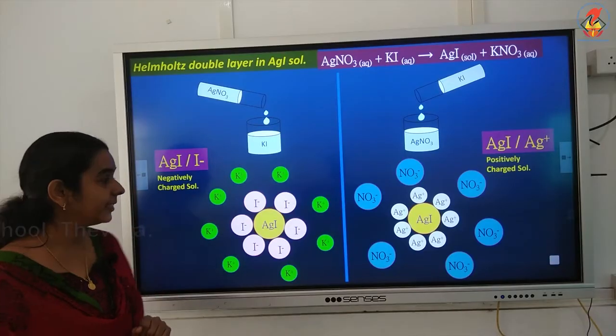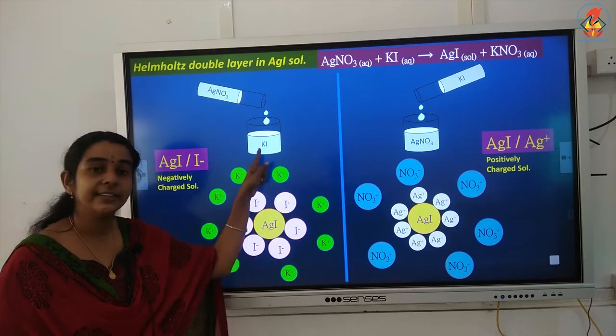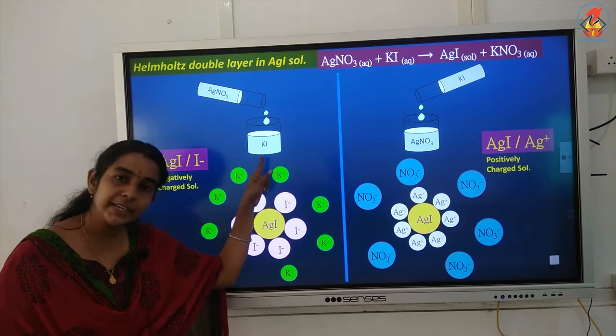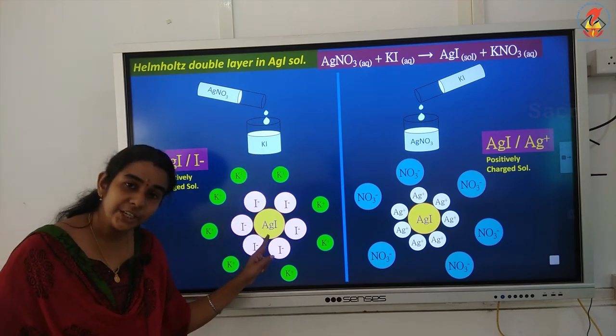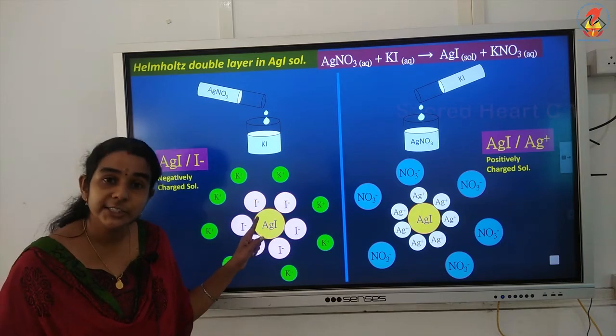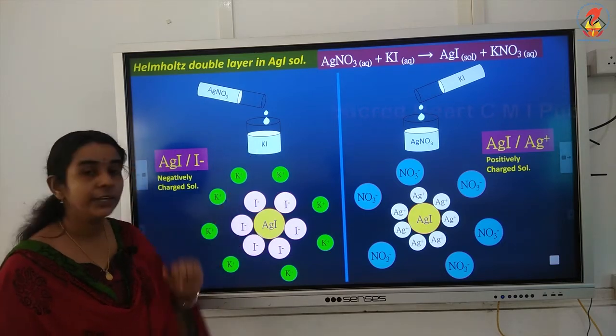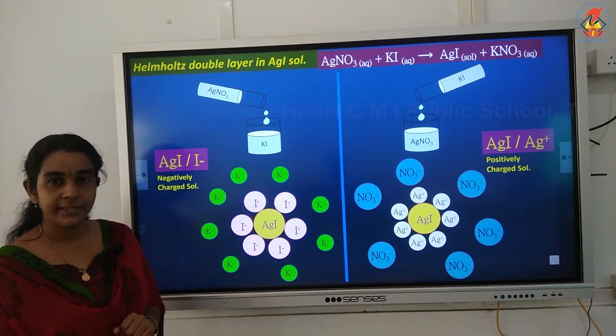So first we are getting a precipitate of AgI in this beaker. It is a precipitate, there is no charge. But this AgI precipitate has a tendency to adsorb the common ion from the dispersion medium. Which is the common ion present here?